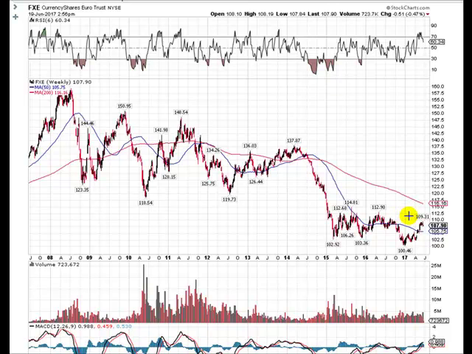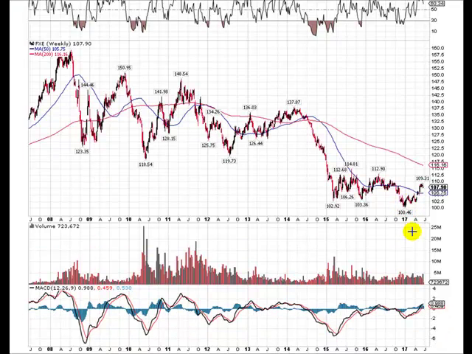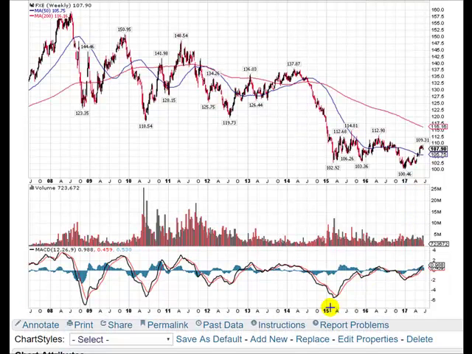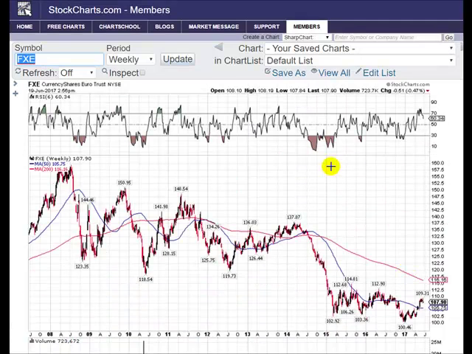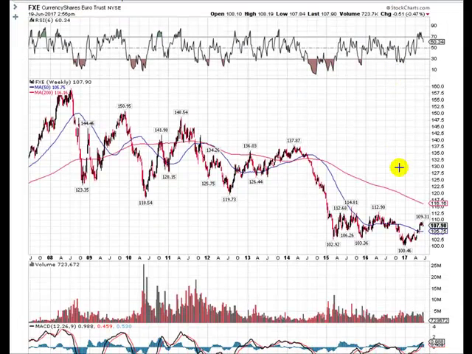The euro. So FXE is the euro. This one's had an ABC, kind of a sloppy but ABC downtrend that likely completed coming into 2017. Again, it's too early to confirm it just yet, but more than likely that's taking place because the MACD is already moving higher. RSI is moving higher.